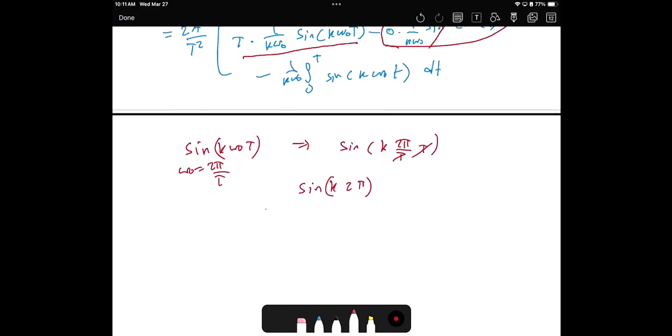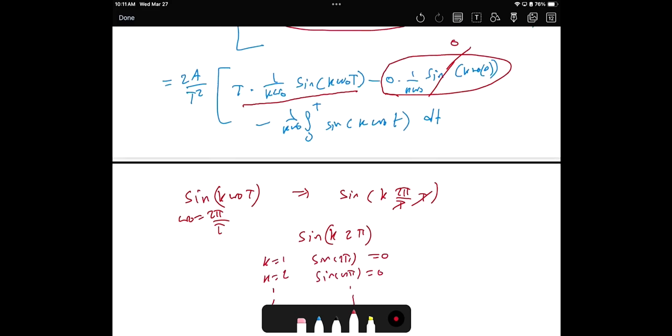K can be any constant, k equal 1, k equal 2, etc. So sine of 2 pi is actually 0. Sine of 4 pi will be 0, and etc. So this yields this term to be 0. Sine 2 pi, 360 degrees, is the same as sine of 0, so it will be 0. Sine 4 pi, the same as 2 pi, the same as 0. So the other term will be 0 as well.